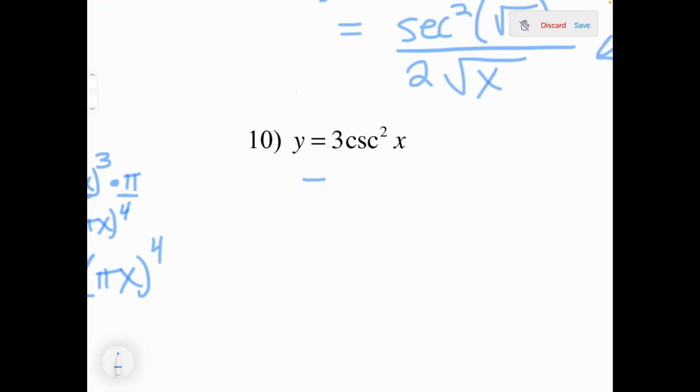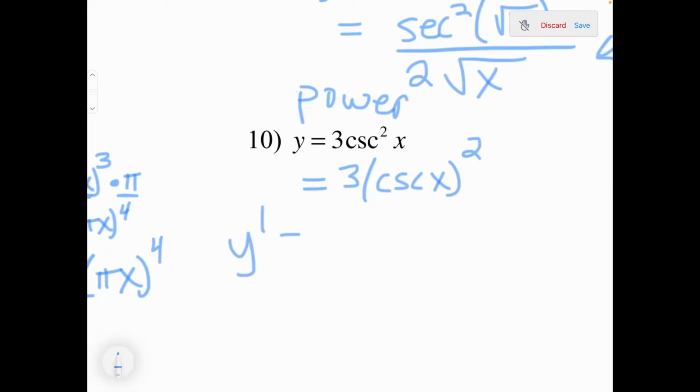Number 10, this is 3 times cosecant being squared. So this would actually be power rule, even though it has trig on the inside. Y prime, we're going to use power rule, multiply the 2 and the 3 together, 6 times cosecant x to the first power.